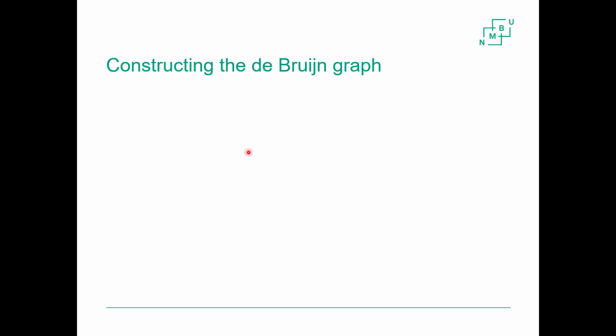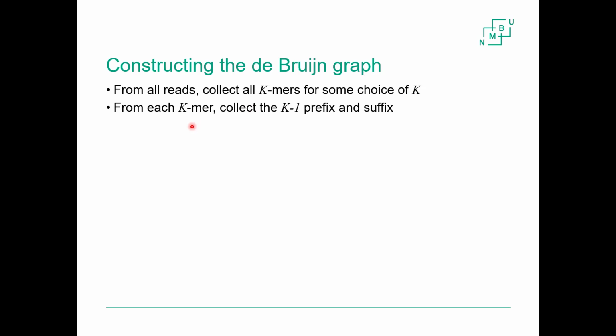So what does it mean in terms of reads? First, collect all the reads. Collect all the k-mers from the reads for some choice of k, some length. And then for each k-mer, collect the k-1 prefix and suffix. So if k is equal to 4, then collect all the 3-mers, the first 3 letters and the last 3 letters in each 4-mer.